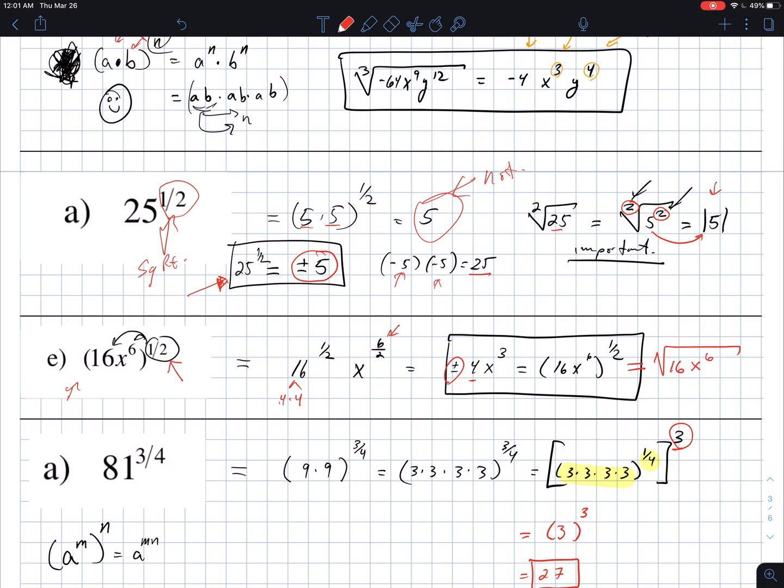You see? I'm not sure how you want to proceed with doing these kinds of things, because if I wrote it the other way, it's the square root of 16. That's easy, right? But then the square root of x to the 6th. Now, some people might get lost here. Like, oh, I don't know. What do I do? Well, they might forget that this is really just x to the third times x to the third, right?